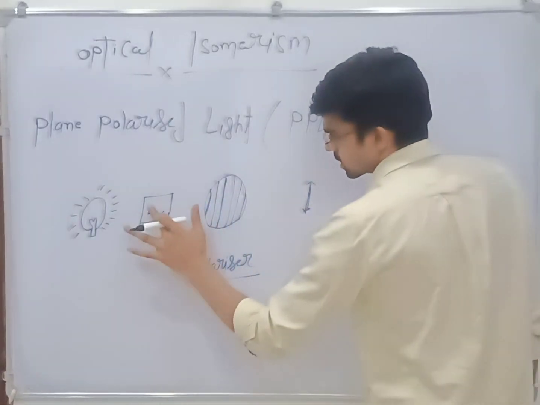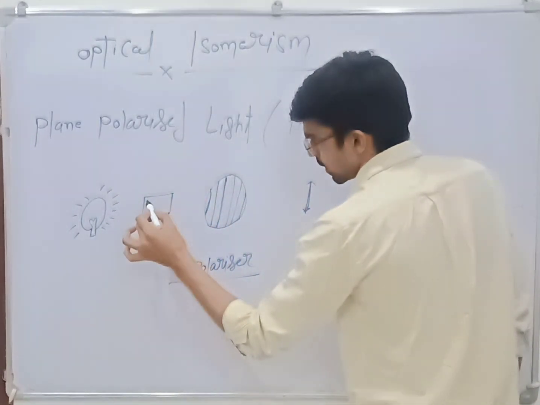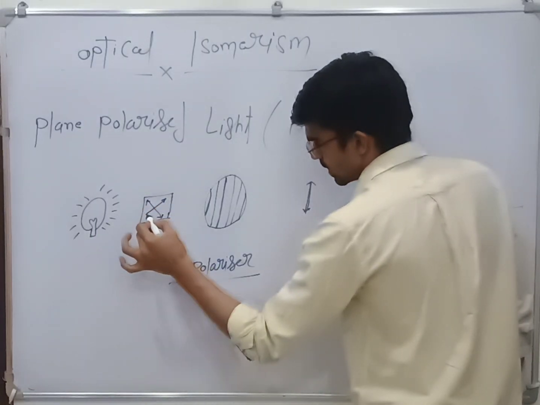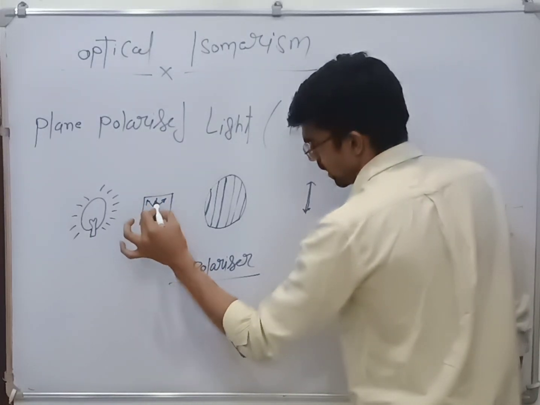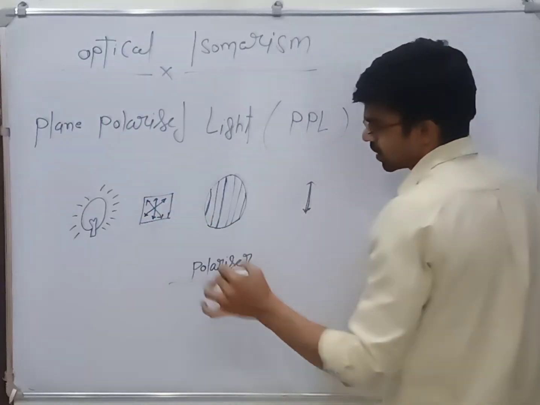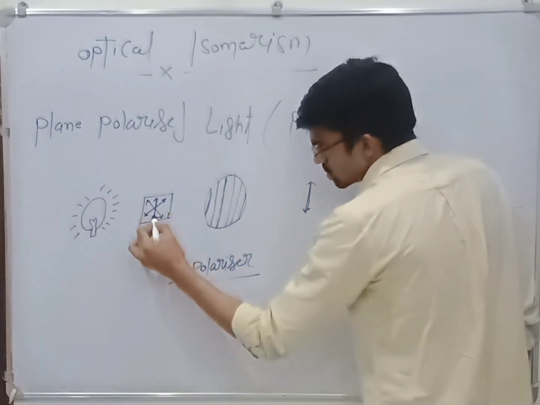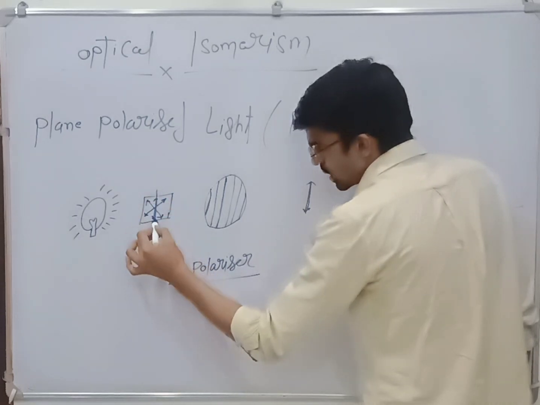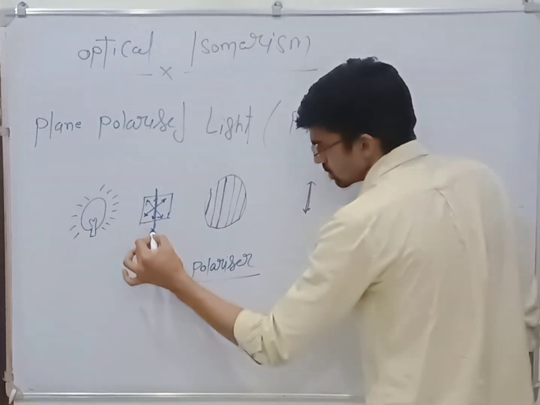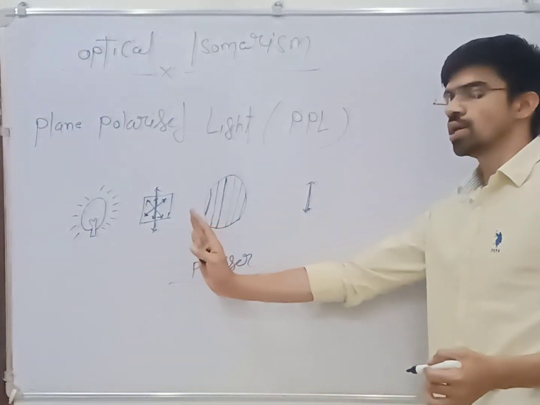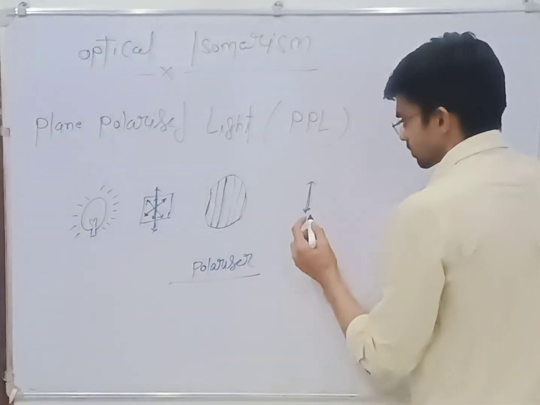Light is propagating on all sides, but it will only allow this perpendicular light, which is perpendicular to the direction of propagation.